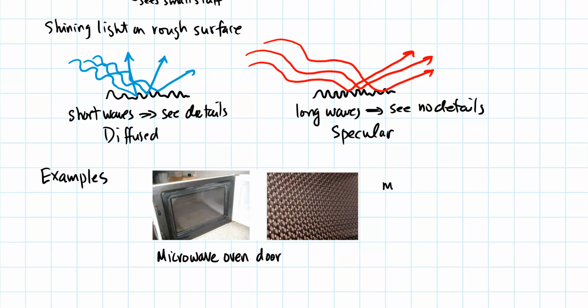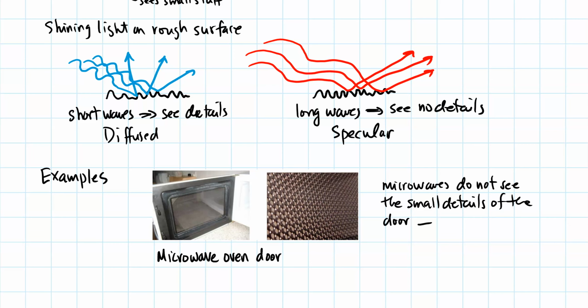So microwaves do not see the small details of the door. So what do you get? You get specular reflections. And therefore, the microwaves are not coming out of the microwave.